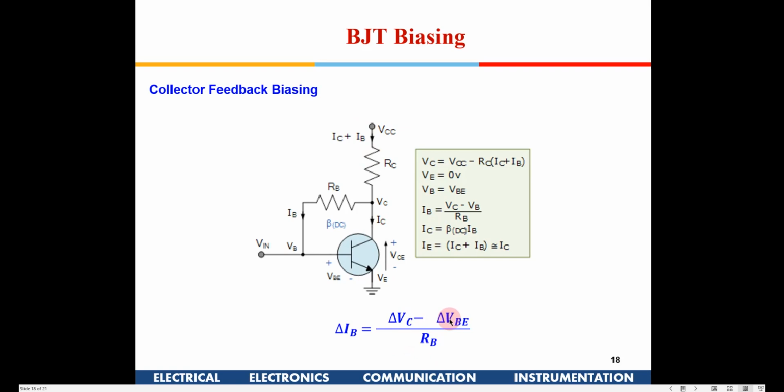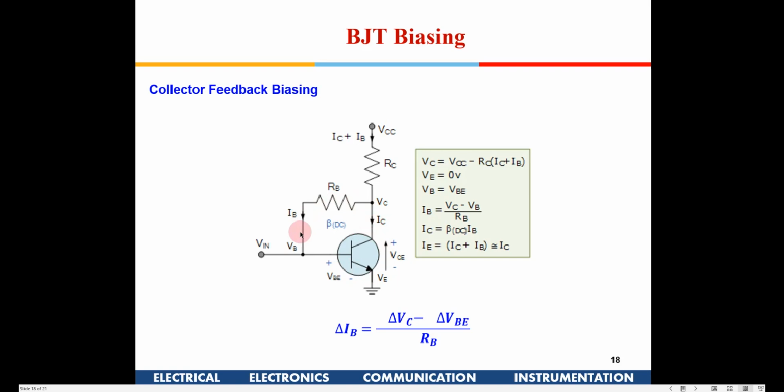But what about the temperature variations? Suppose the temperature has increased. VBE will decrease, and a decrease in VBE will increase IC. That increase of IC will cause VC to decrease, so hence the base current will decrease here. So there is no thermal runaway.